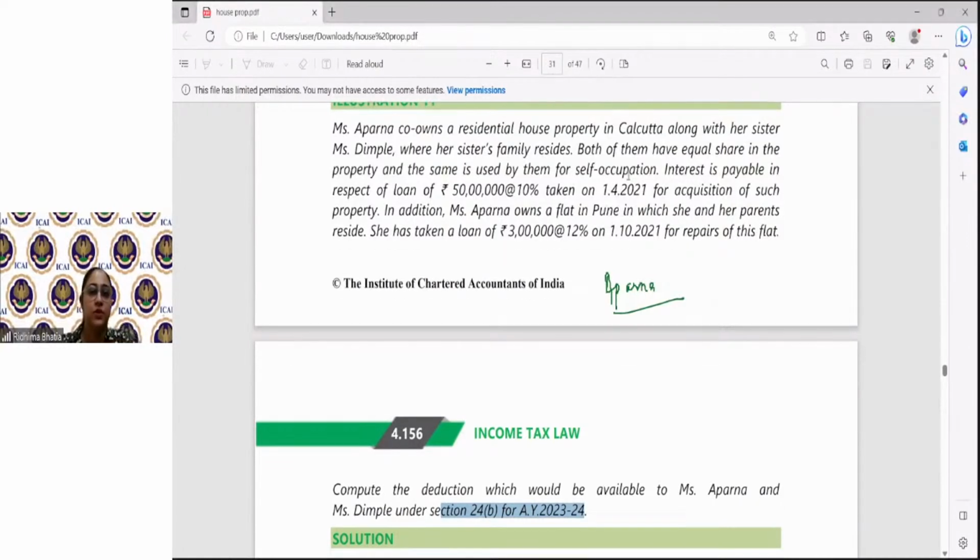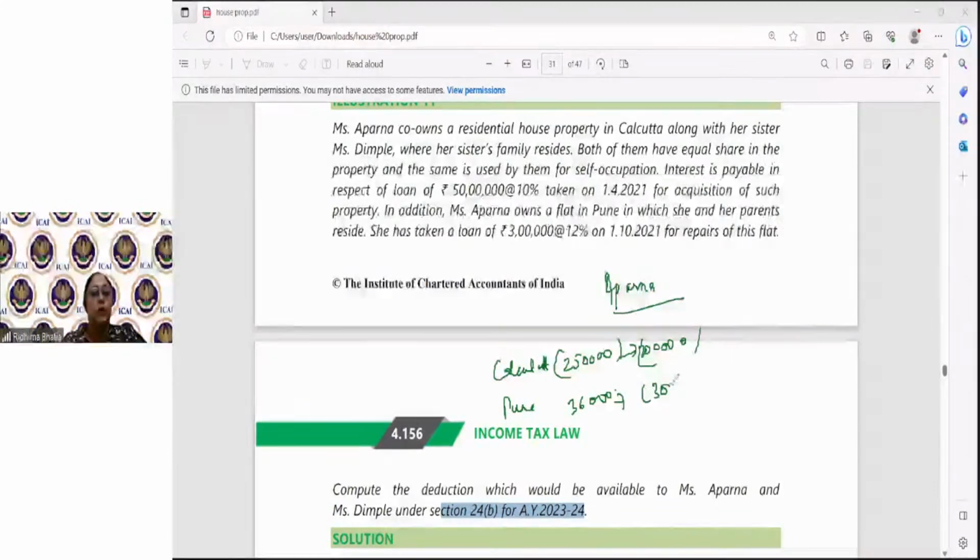So 2,50,000 is allowed to Aparna, and here we will write 250 for the property in Calcutta, on the basis of her share, and 12% of 3 lakh is also there for her Pune flat. So there it is 36,000. Now this is restricted to 30,000. Correct? But in total they are restricted to a maximum of 2 lakhs. So the deduction for Aparna comes to 2 lakhs.